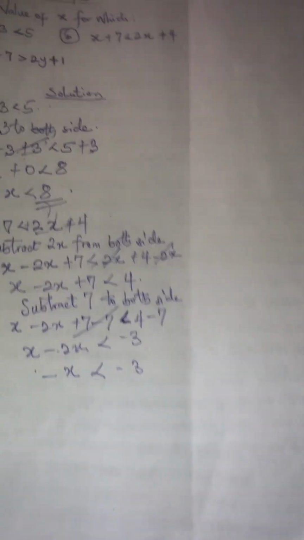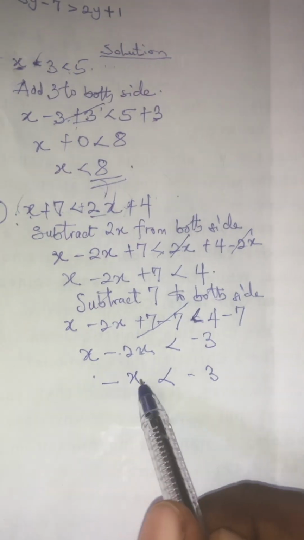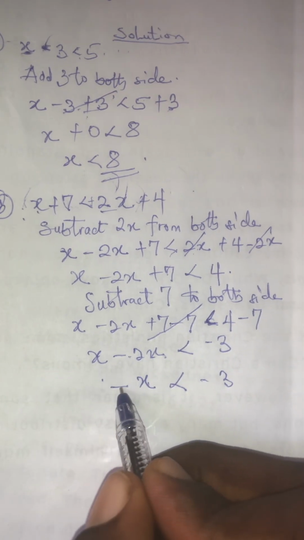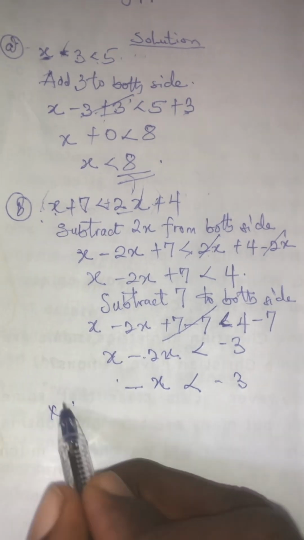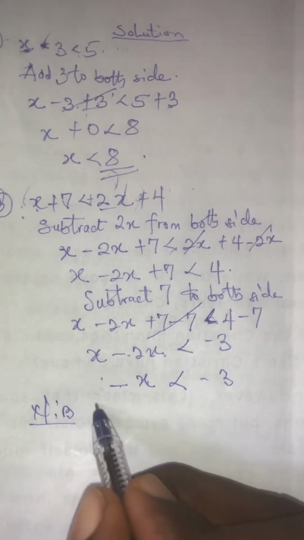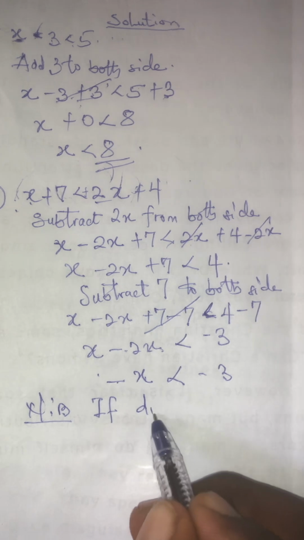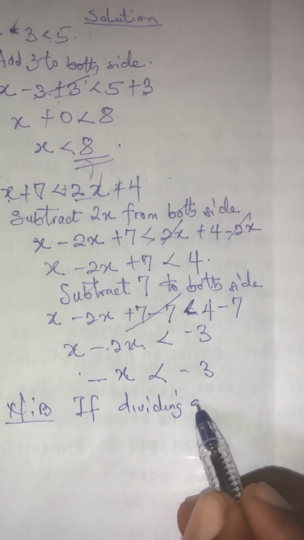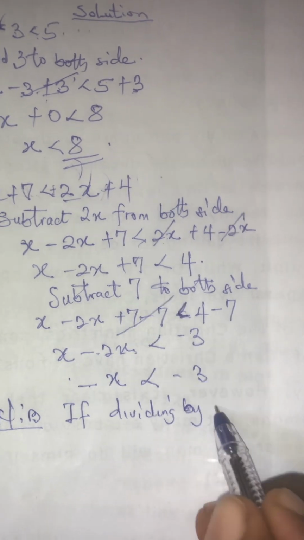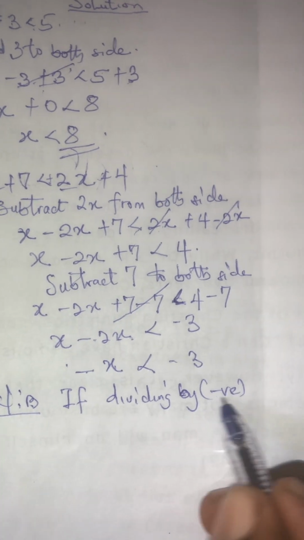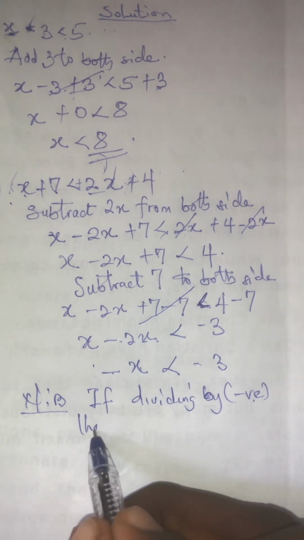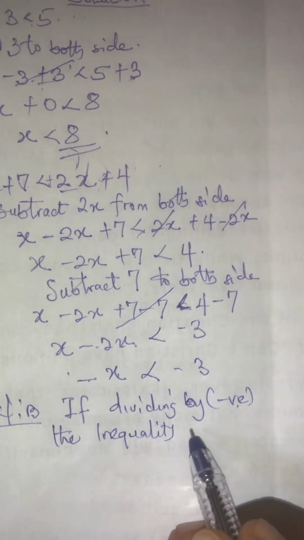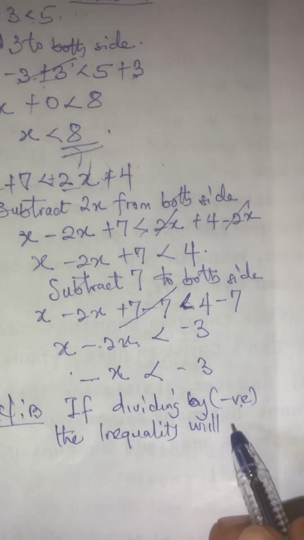Now, remember that we are finding the value of x. So note, be very careful that anytime we have negative and we are dividing, if dividing by negative, the inequality will change.